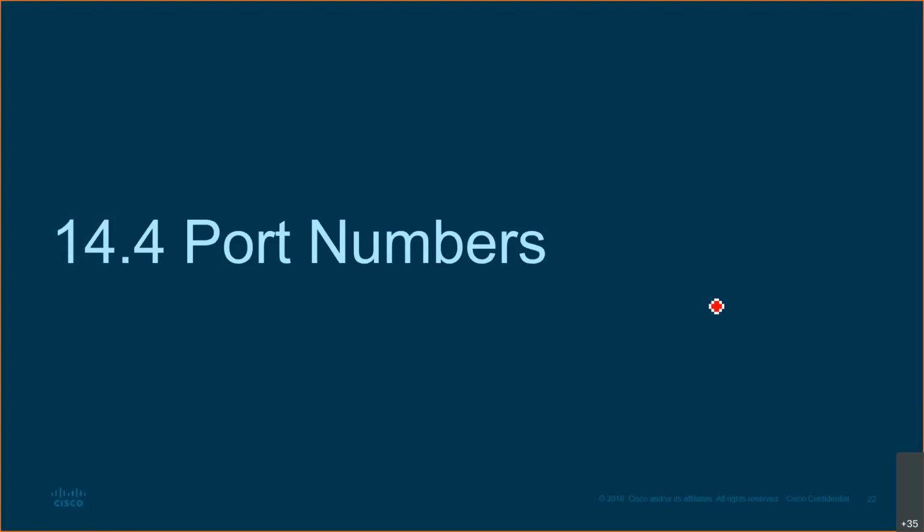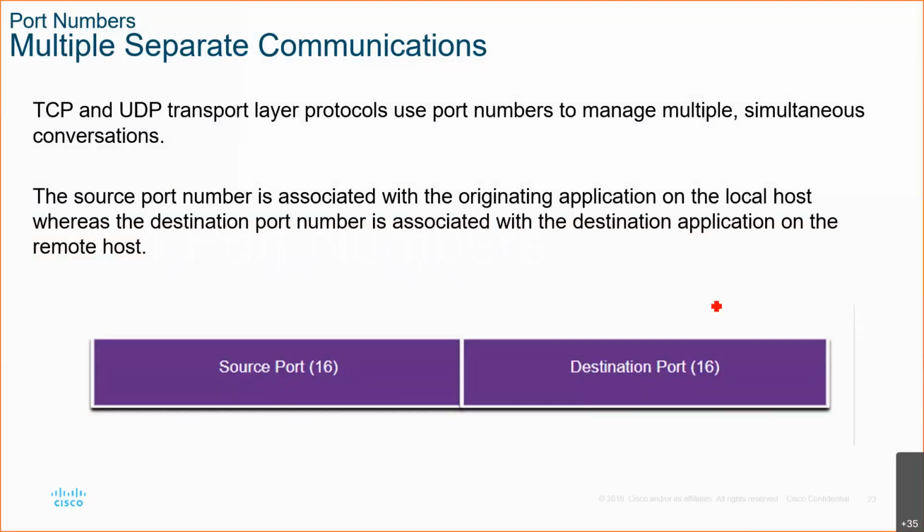So how can one server give you different services? The answer is by following different port numbers. Both TCP and UDP use port numbers so that you can do things simultaneously, multitasking.